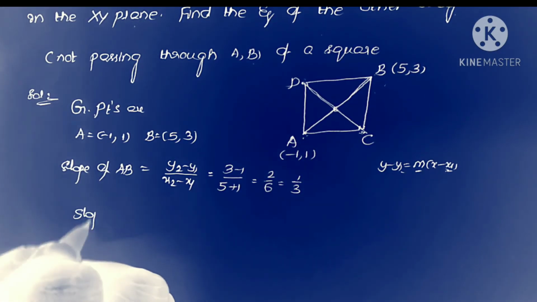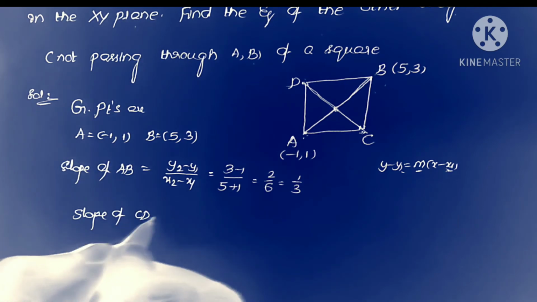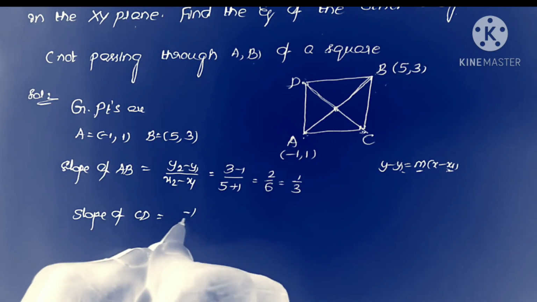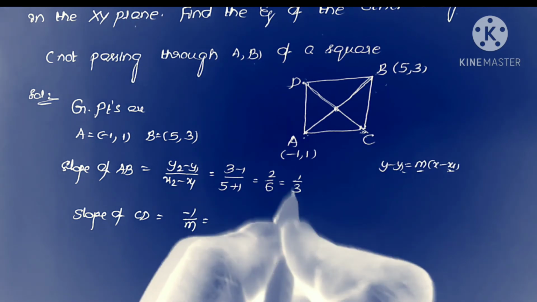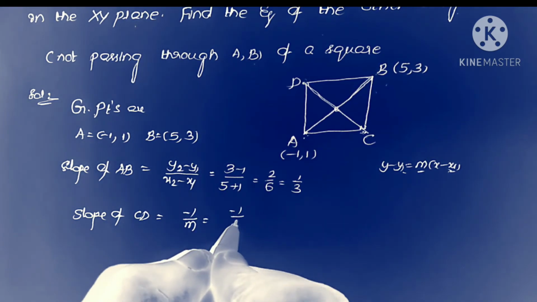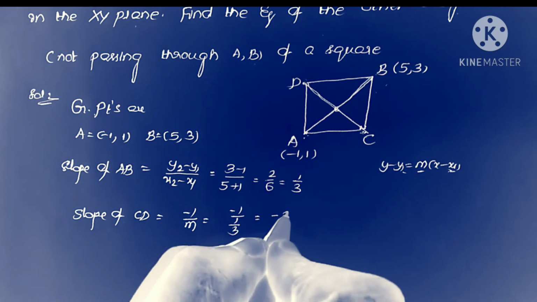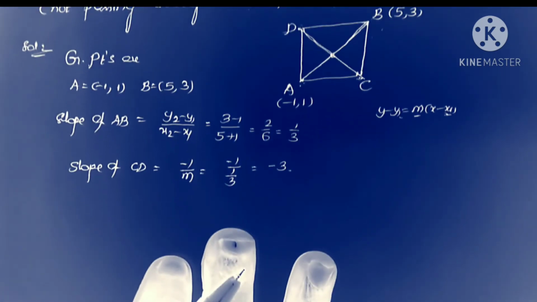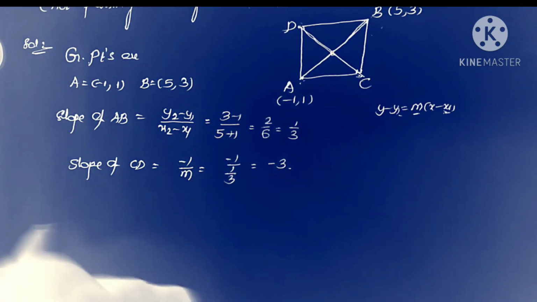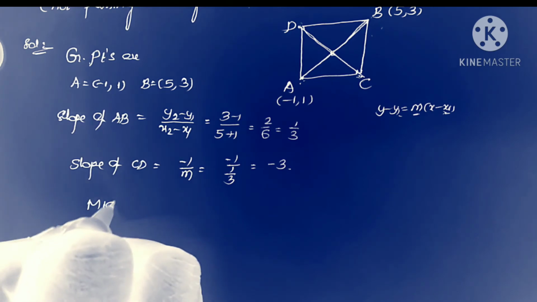Now what is the slope of CD? Slope of CD is the perpendicular slope of AB, that is minus 1 by m. M is 1 by 3 here, so minus 1 by (1 by 3) is minus 3. This is the CD slope. Now we want the point on CD also. So first we take the midpoint of AB.